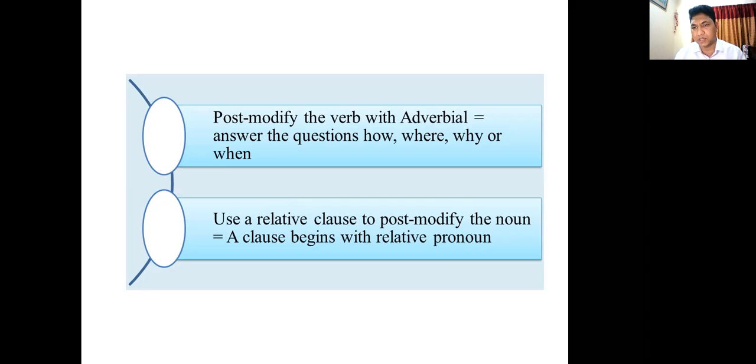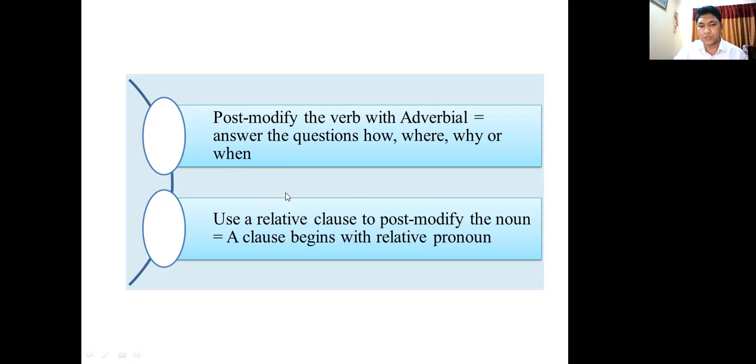I repeat, when you are asked to modify the verb with adverbial, in such cases you have to use adverb phrase. And you know that adverb phrase basically answers the questions how, where, why, or when. Use relative clause to modify the noun.